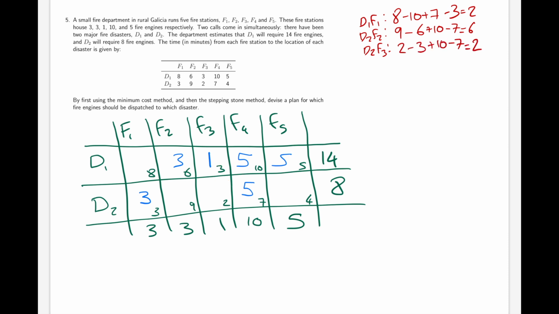And D2, F5. The route now is this. And so the cost of making any of the non-basic variables basic are all positive, and so no more improvements can be made. We have finished the stepping stone algorithm, and we have found our optimal allocation of fire engines to disasters.